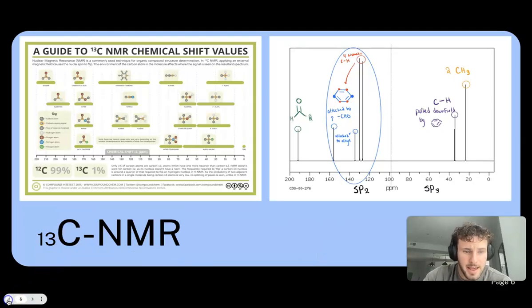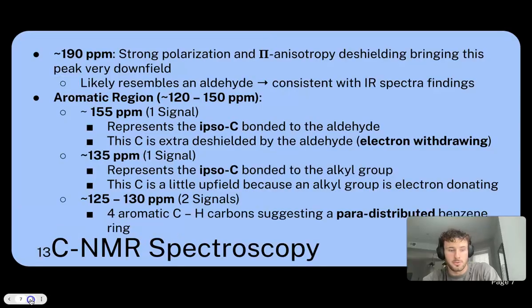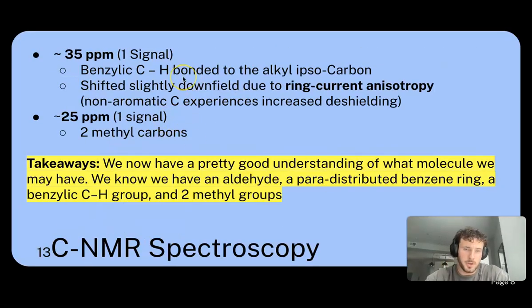And then lastly, we had 2 other signals a little more upfield here. We had a CH, which was pulled downfield by the benzene ring, and then 2 CH3 groups. So we know that the benzylic C to H bond, this CH bonded to the ipso carbon of the benzene ring, is shifted slightly downfield due to ring current anisotropy.